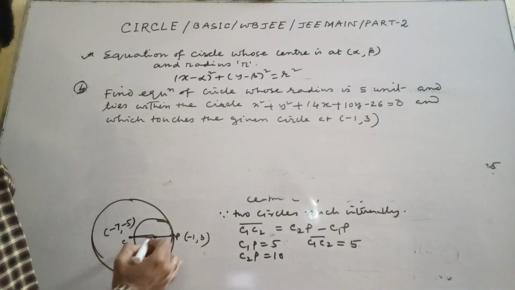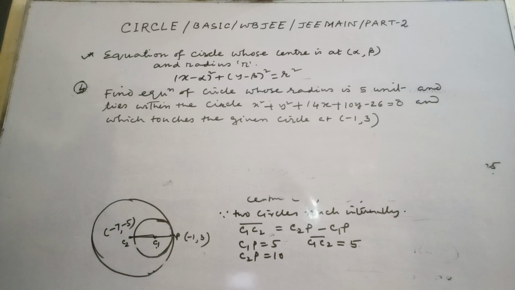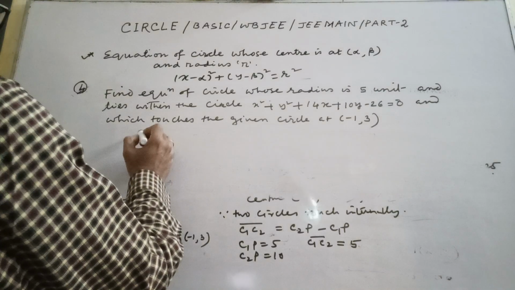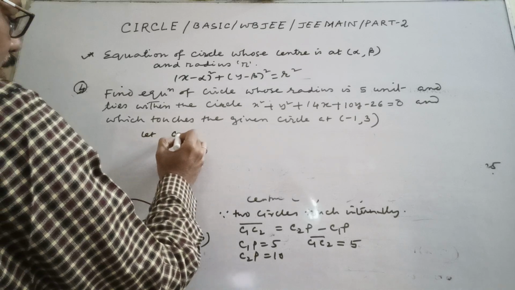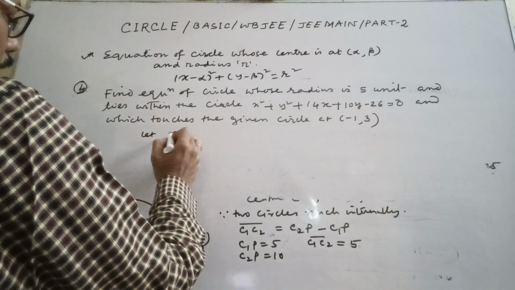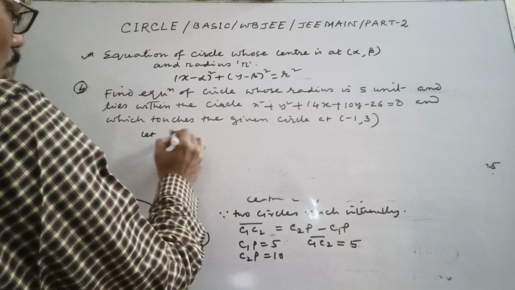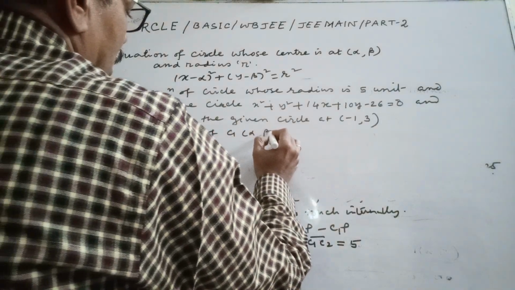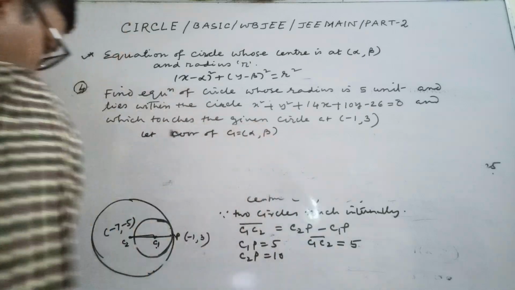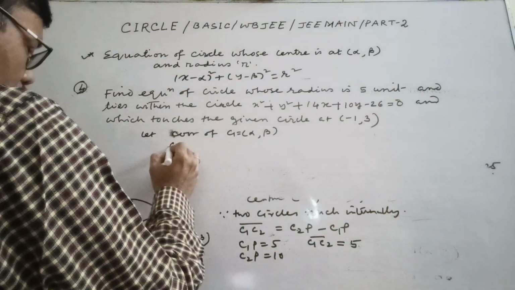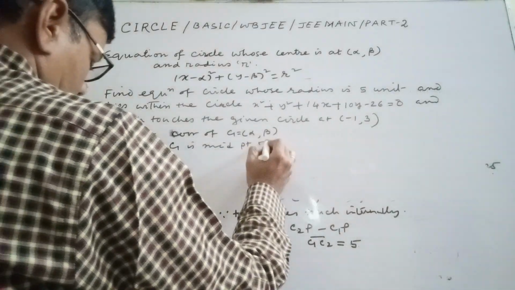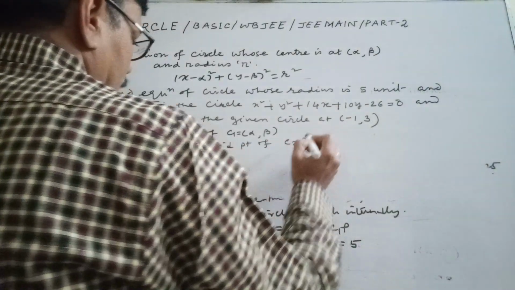So we need the equation of the circle whose center is C1. So let the coordinate of C1 be alpha, beta. C1 is the midpoint of C2P.